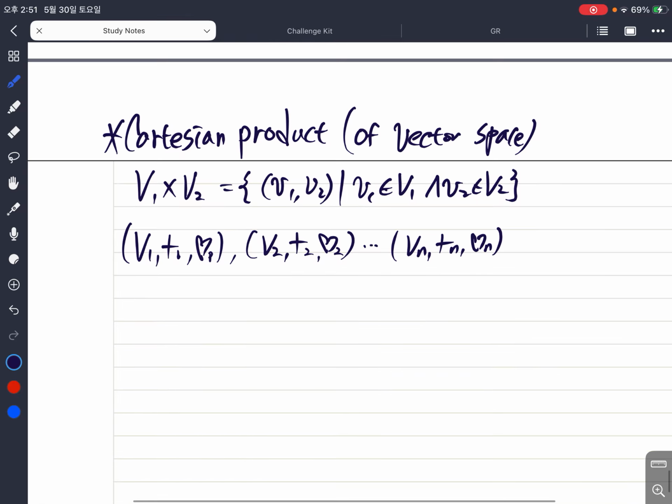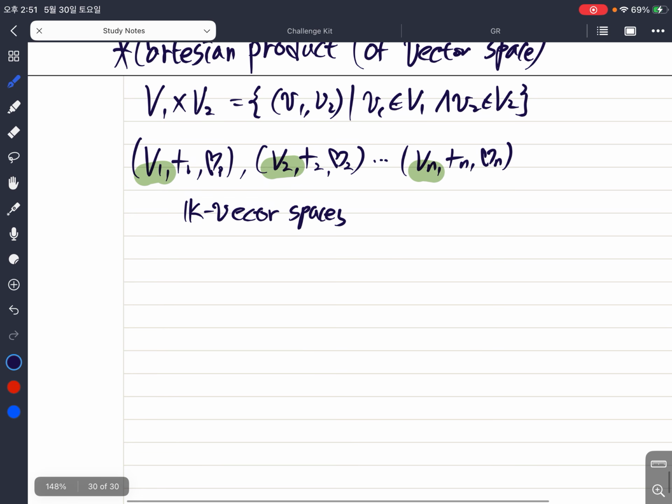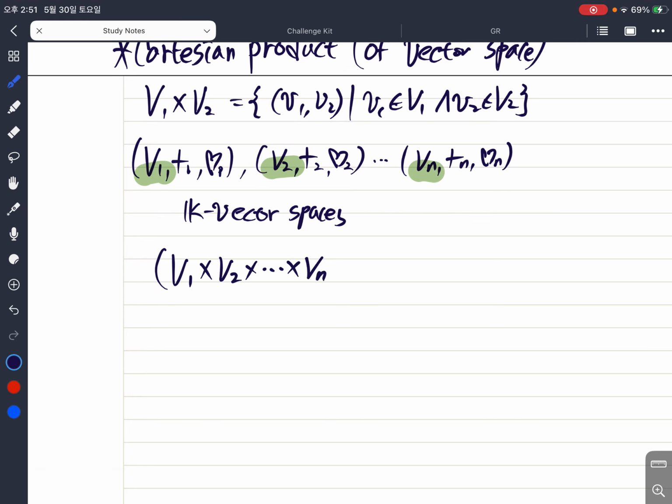Let us say these are all K vector spaces. From the sets, we can define the Cartesian product of sets, V1 times V2 times up to Vn.